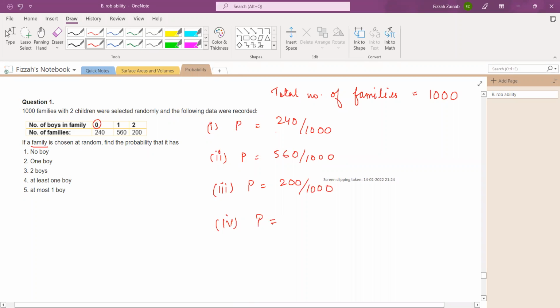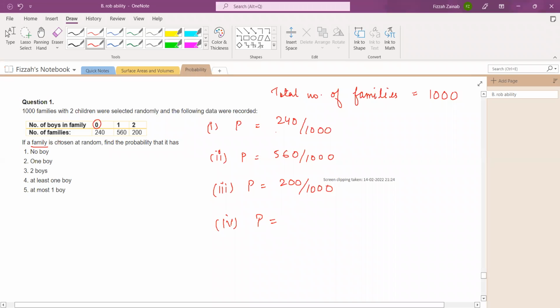Ma'am, 560 divided by 1000. Okay. Hamna, what about you? Yes. What will you say, Hamna? Ma'am, 560 divided by 1000. Now understand these two terms.